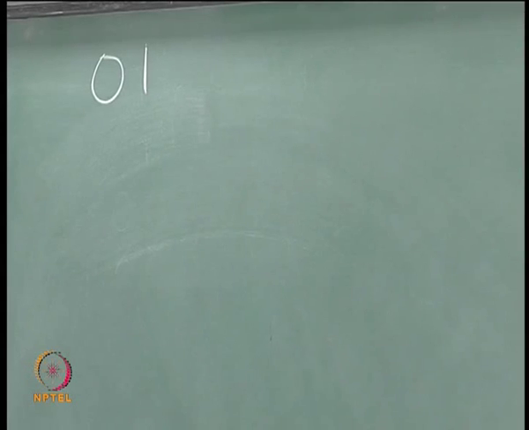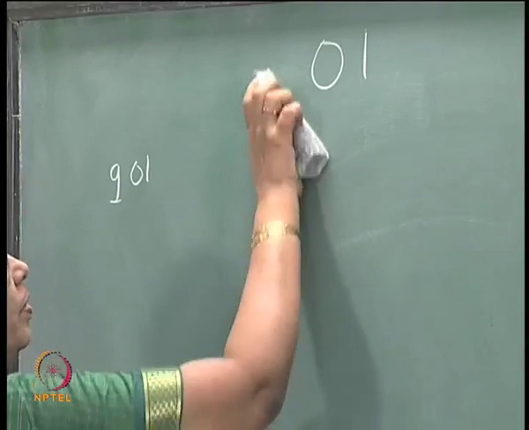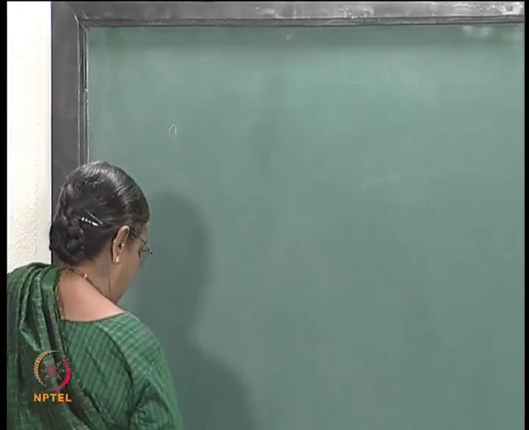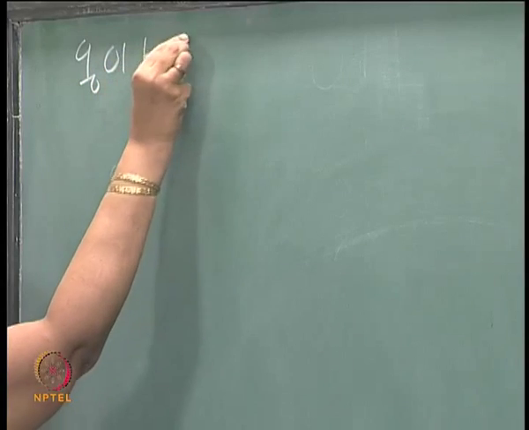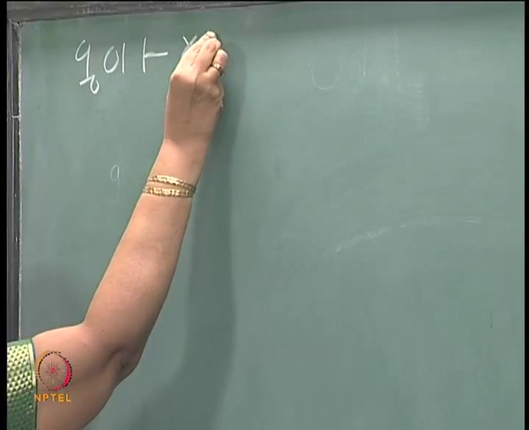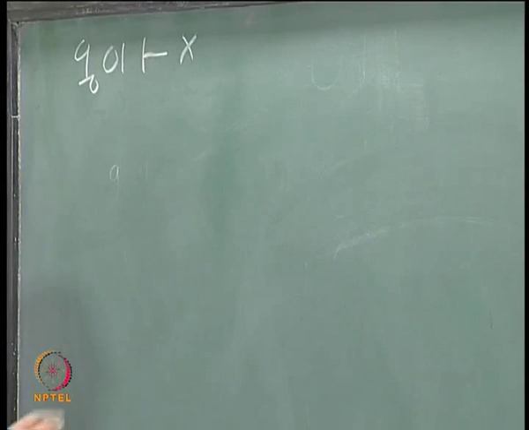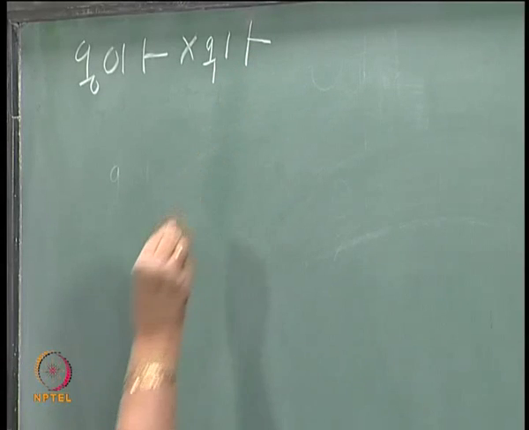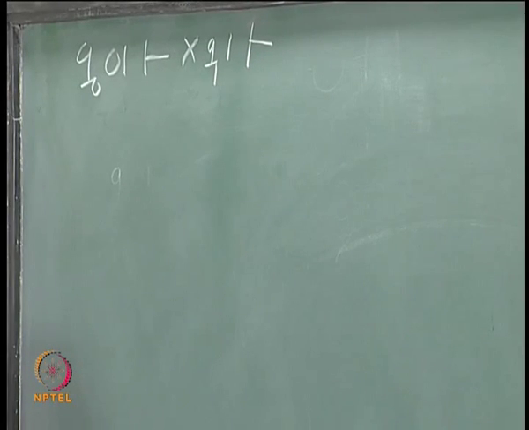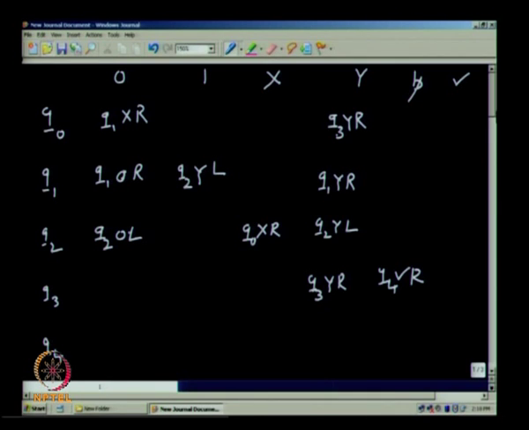What are the IDs? I will write them like this. Q naught 0 1, it changes the 0 into X and goes to Q1. When it sees a 1 in state Q1, it changes that into Y and moves to Q2.